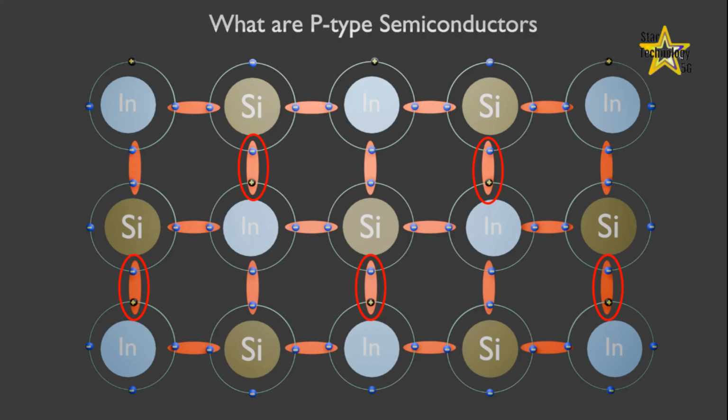Because the trivalent atom can take an electron, it is often referred to as an acceptor atom. The number of holes can be carefully controlled by the number of trivalent impurity atoms added to the silicon. This material is called p-type semiconductor.